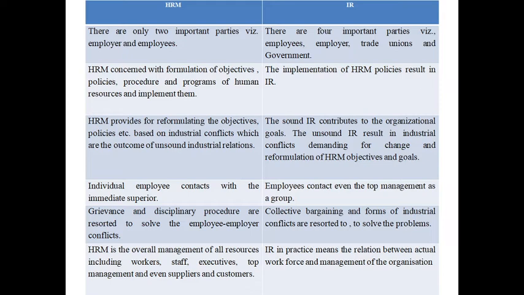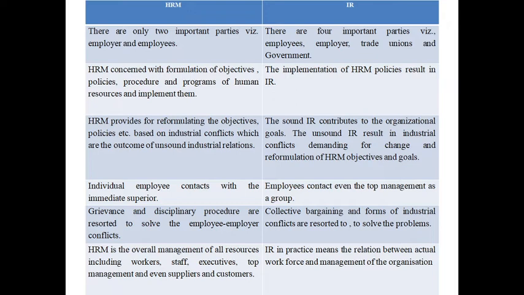In human resource management, there are mainly two important parties. One is the employer and the other is the employee. The employer or the organization takes care of employees' interest, and employees give their labor and talents, and perform for the organization or for the employer and serve their interests.